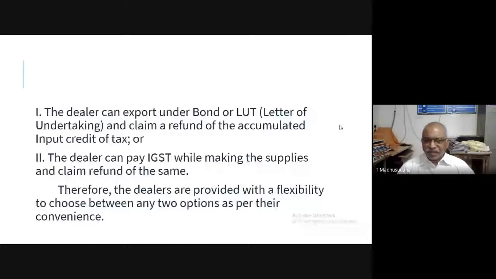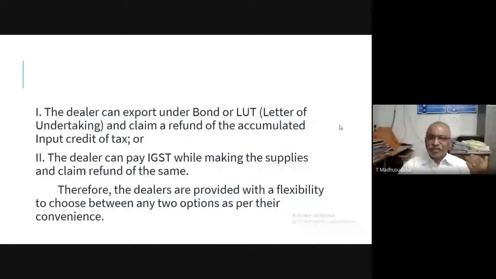As per their convenience, they can choose either of these two choices: bond or letter of undertaking and claim tax credit, or pay the IGST and claim refund of IGST on both output and input.